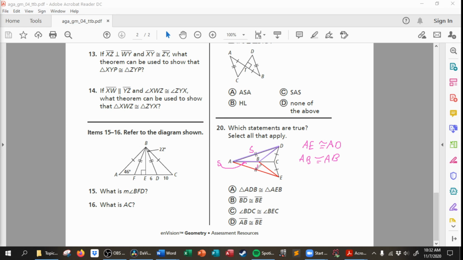This angle generates this and this. And we can say those are congruent. Would that give us something? That would give us side-side-angle, which doesn't work. And going this way, that also doesn't work. So that's not a big help. What else can we see here?